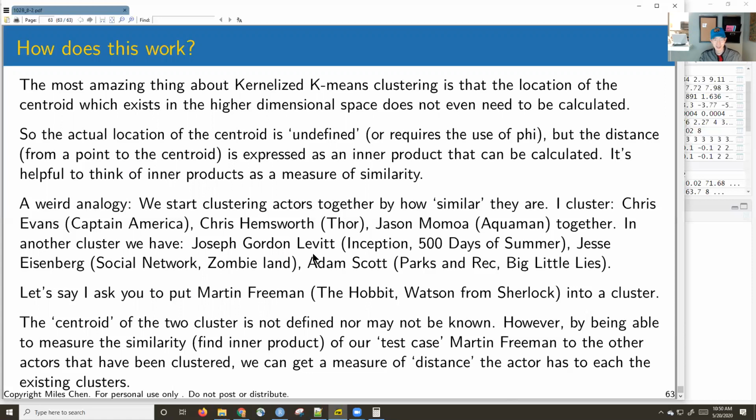So I said, I don't know if you're familiar with these actors, but what if you took Chris Evans, who plays Captain America, Chris Hemsworth, who plays Thor, and Jason Momoa, who plays Aquaman or Khal Drogo, whatever, in one cluster. And then in another cluster, we have actors like Joseph Gordon-Levitt and Jesse Eisenberg and Adam Scott.